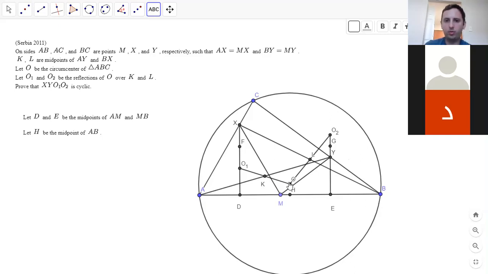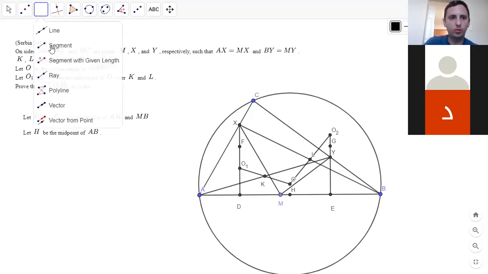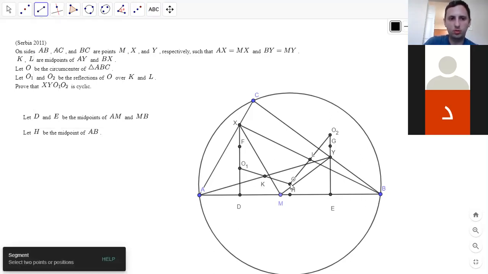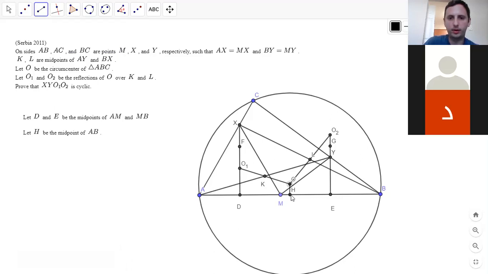So yeah, AOY1 is a parallelogram. Let's just do this. But yeah, it has to be a length dash.